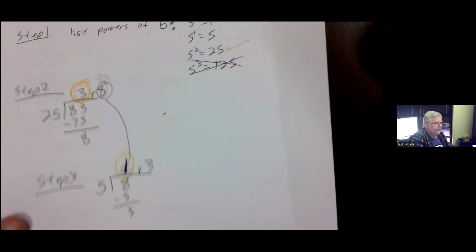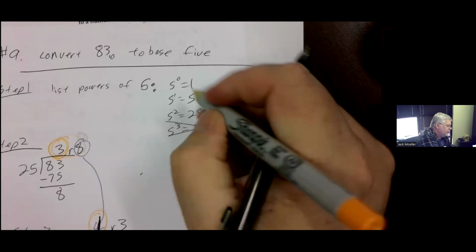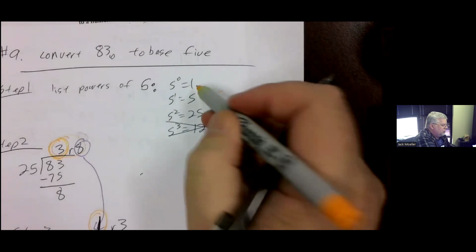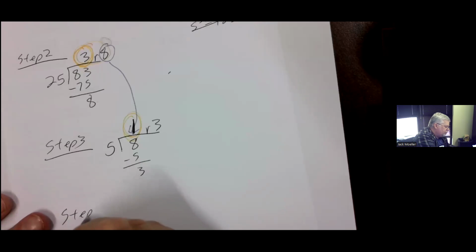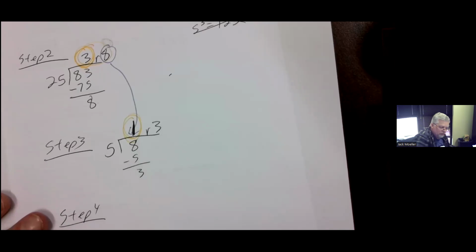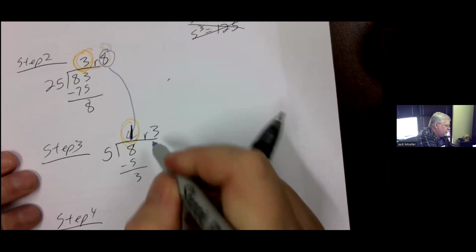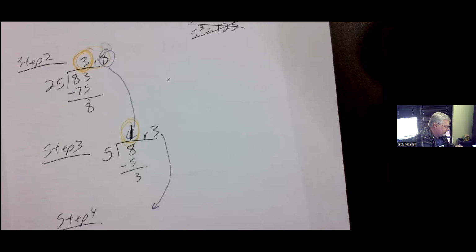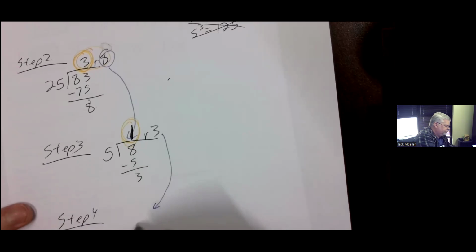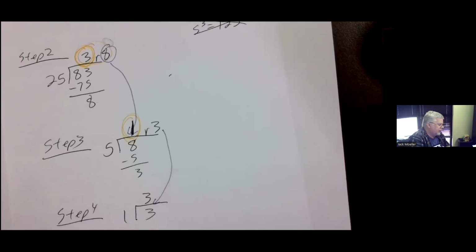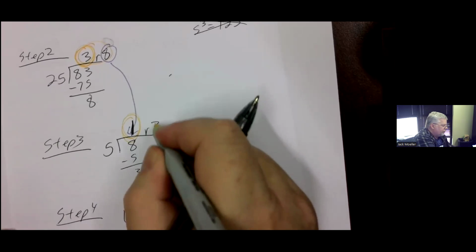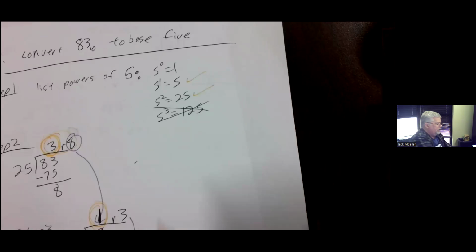So now what do we do? Well, we've done division with 5, and so now we have to do division with 1. I'm going to write this for this example, but at this point, we probably don't have to write this out after we see it once. We take that 3, that goes inside the division. We're doing 3 divided by 1. So that last step, the remainder from the last one is the answer.